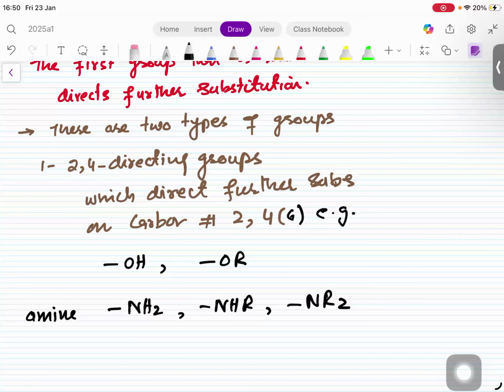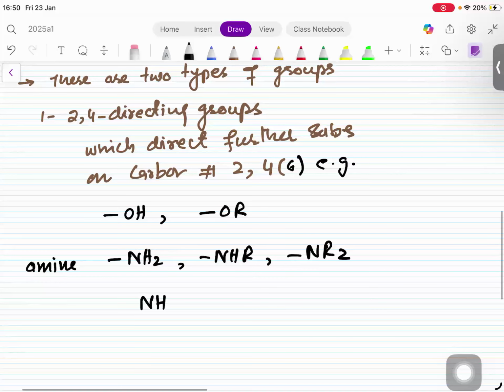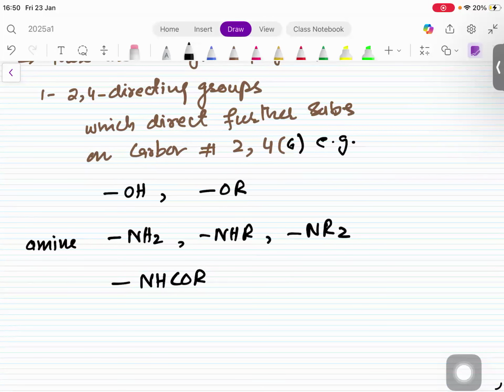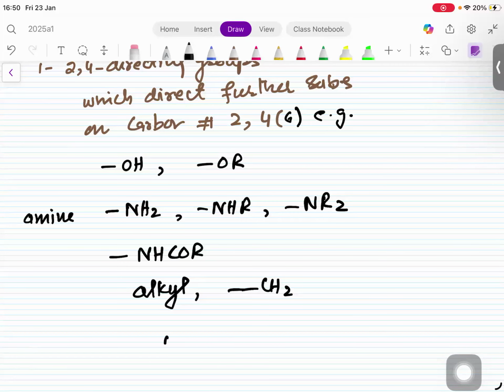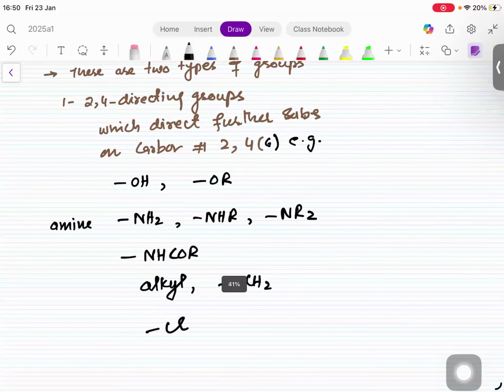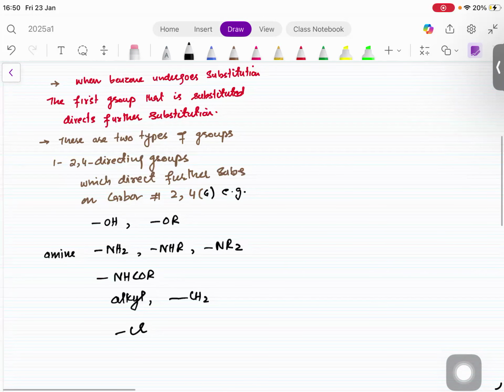This is kind of alcohol or something. NHCOR, any alkyl or CH2, all the amines, and Cl. When they come on the first place, they direct the further substitution at carbon number 2 and 4 of the benzene ring.